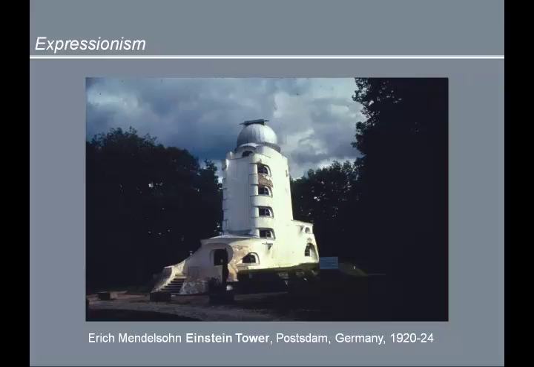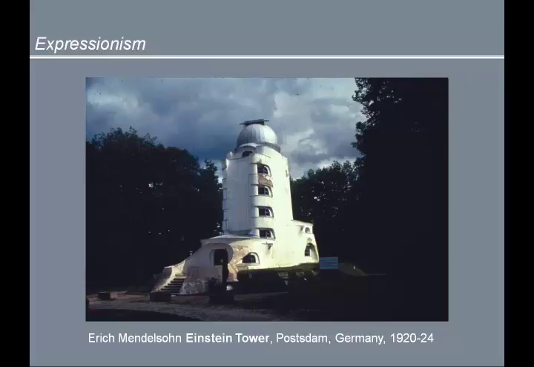One of Mendelsohn's most celebrated buildings in the Expressionist mode is the Einstein Tower, located in Potsdam, just outside of Berlin. It was built in 1920 to 24. This is an observatory, named in honor of Albert Einstein, and originally intended to be created in reinforced concrete construction.